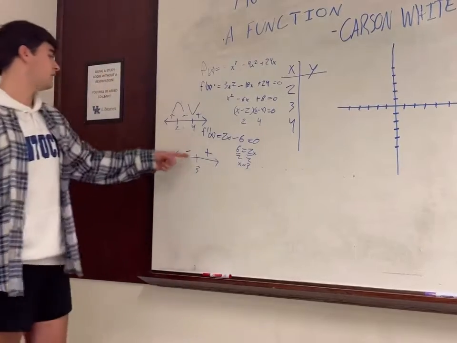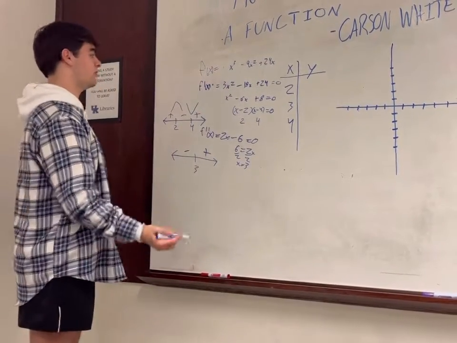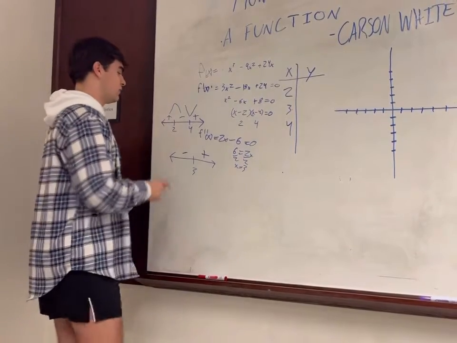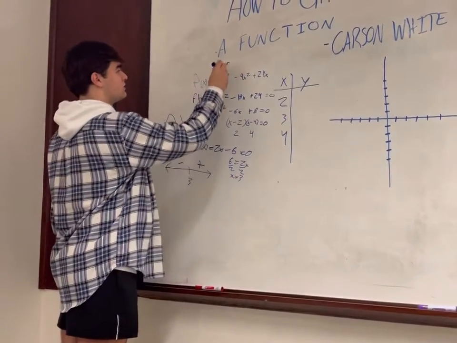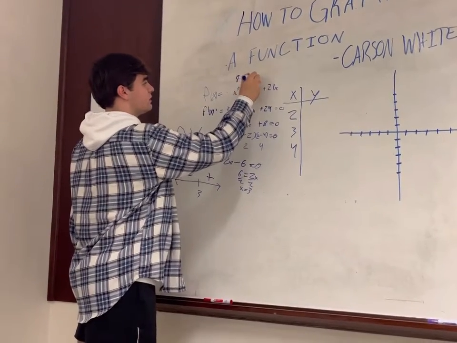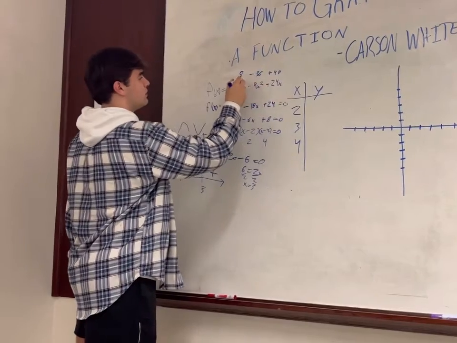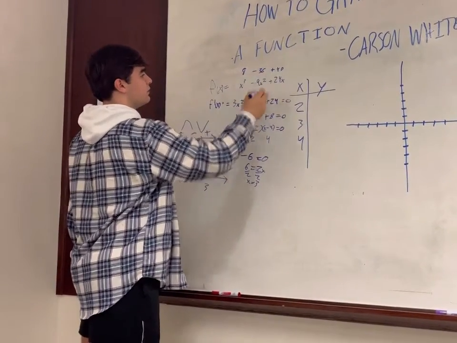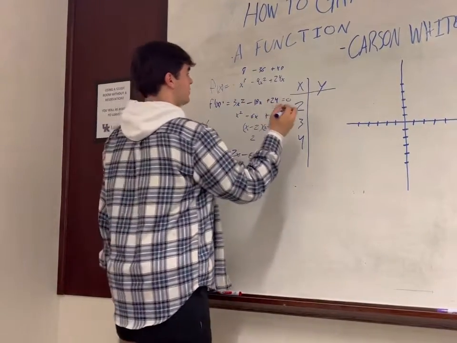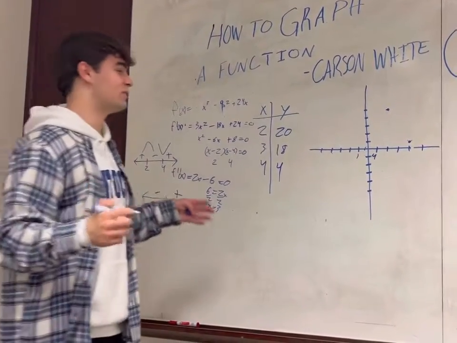We're going to plug each of these values in to our first equation, and we're going to find what the y values are. So if we plug in 2 here, this gives us 8 minus 36 plus 48, which is going to be 28 plus 48. So now with all this information, we're ready to graph our function.